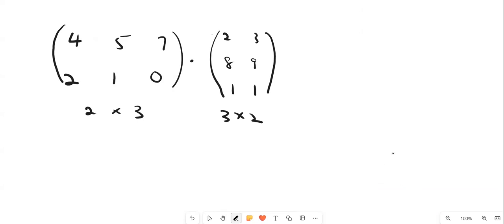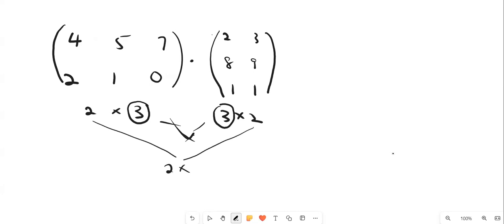So remember, like matrix addition and subtraction, you have to check for a condition. Here you have to check that the number of columns in the first is equal to the number of rows in the second. So yes, you can multiply. They must be equal. And your answer is going to be a 2 by 2 matrix in the end.